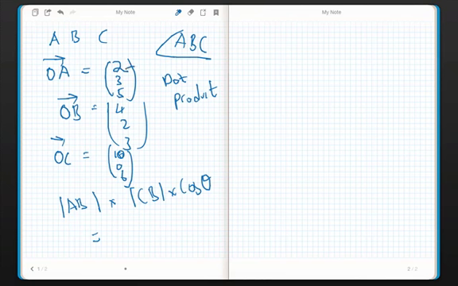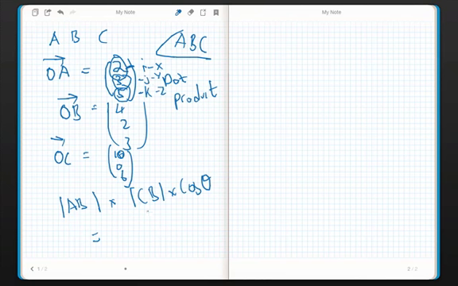Now just to remind you, this component over here is the I component or the X component. This component over here is the J component or the Y component. And this one is the K or the Z component. It applies to all vectors.